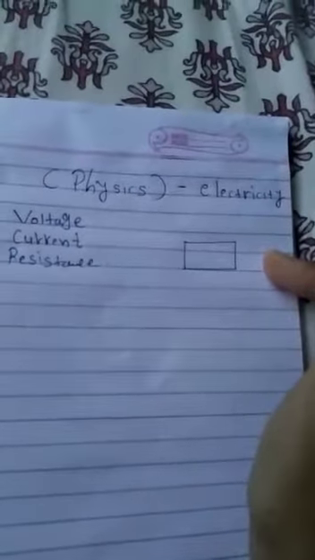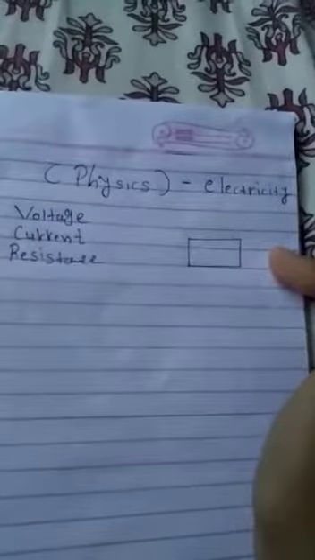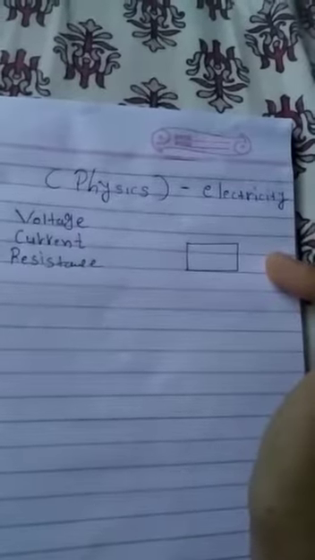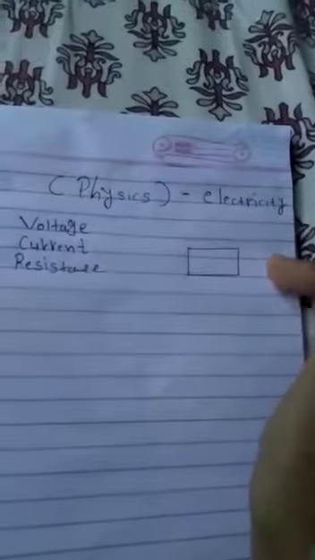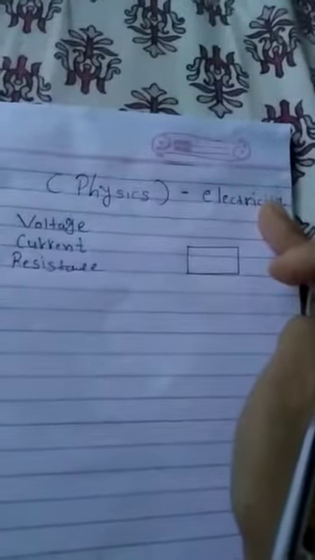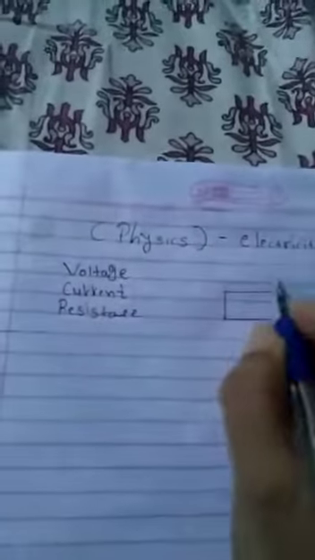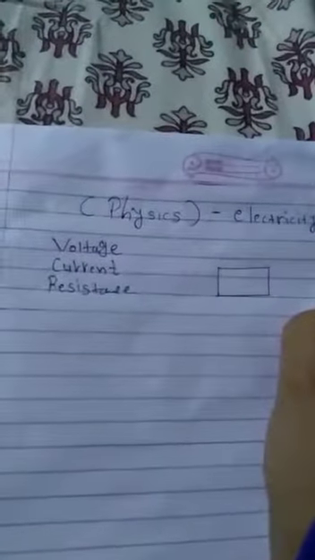It's called a conductor, and its opposite is the insulator, right? Electric charges or current cannot pass through it. All right, now you know that electricity passes through a conductor easily.